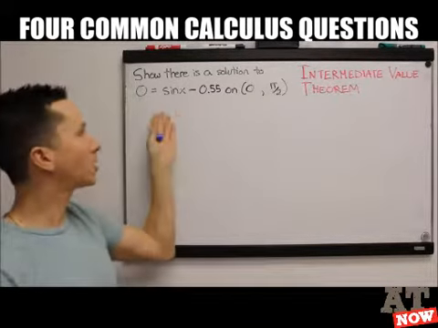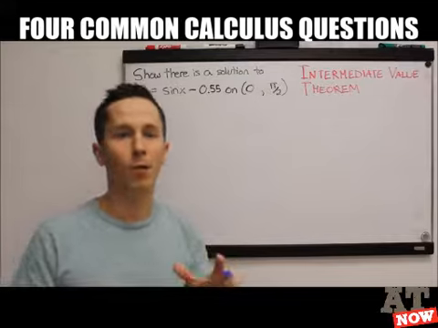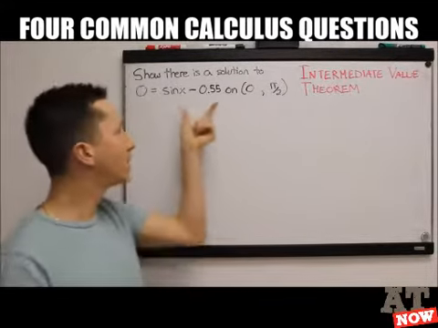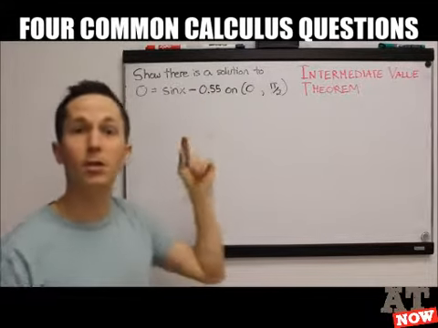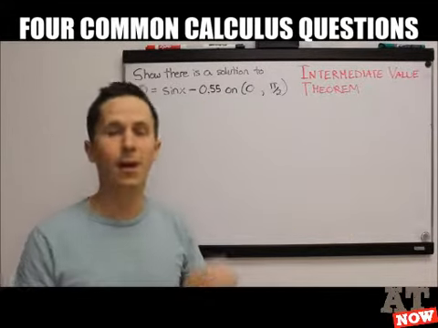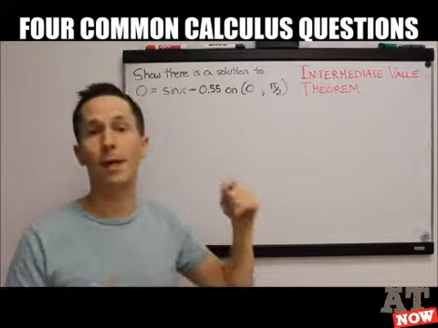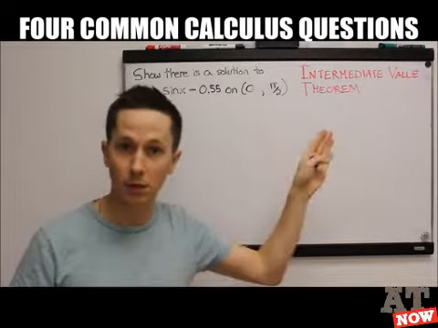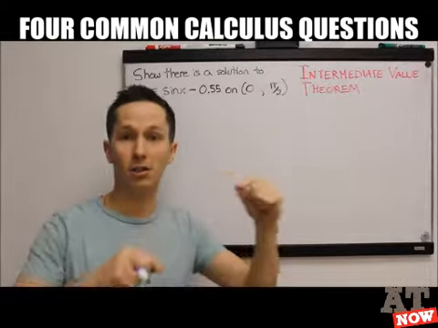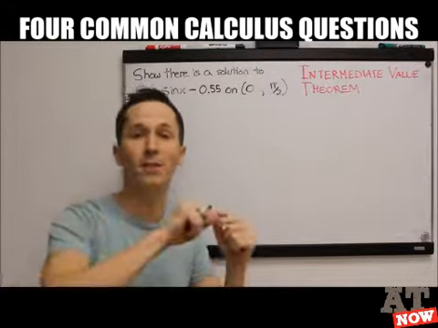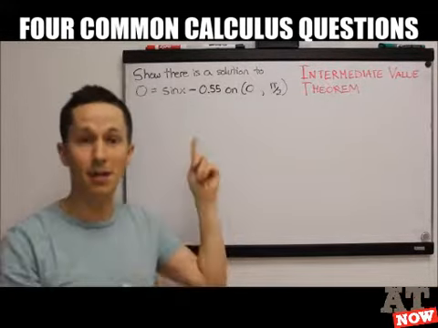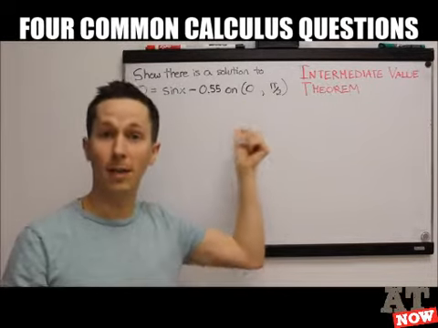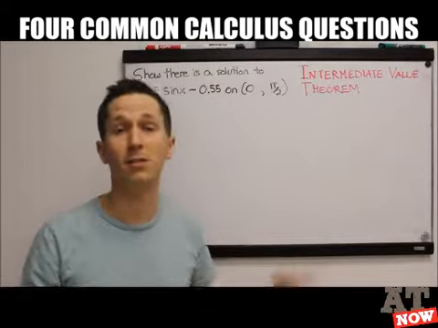So we could actually solve for x, but what they actually want us to show over this interval are a value that makes this expression less than 0, so negative, and a value in the interval that makes the expression greater than 0. Because we know this expression is continuous over that interval, if we can show part of it is negative and part of it is positive, it must cross the x-axis and be equal to 0 somewhere in there. So all we need to do is pick a value in the interval that makes it negative, pick a value that makes it positive, and we've proved it.